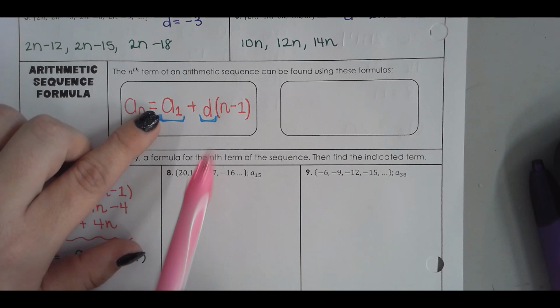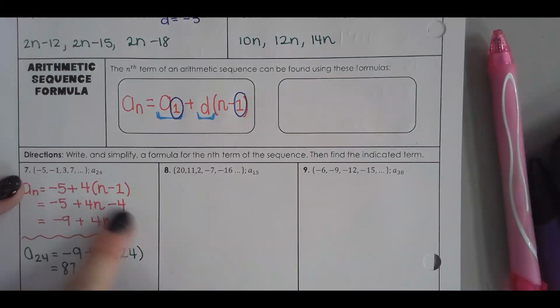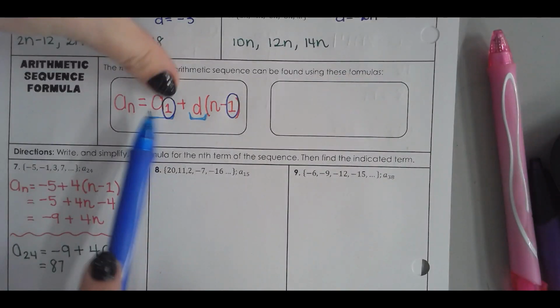I have A1 and then I have n minus 1. You could actually change that 1, and you would have still got negative 9 plus 4n. I put A2 there as long as I did n minus 2. A3 as long as I did n minus 3.